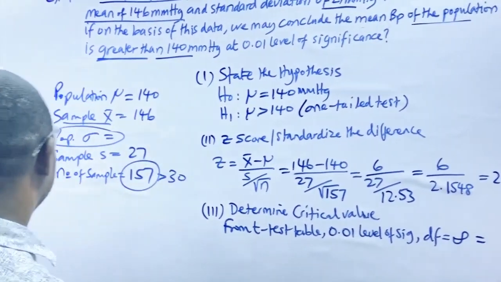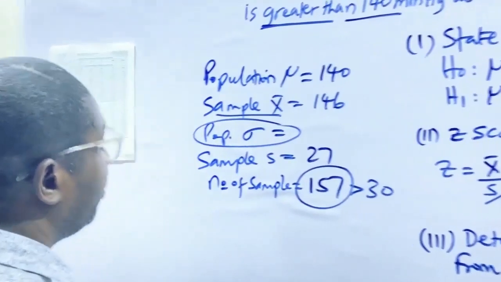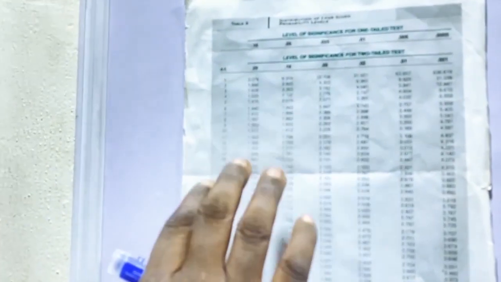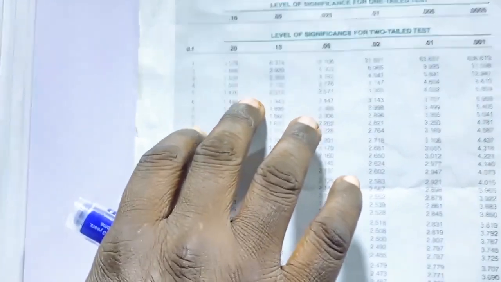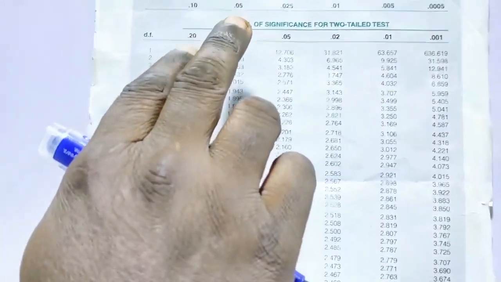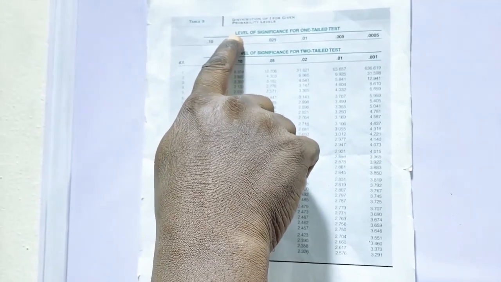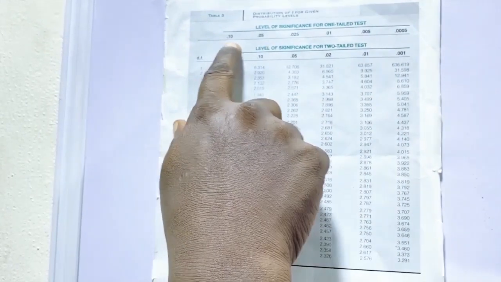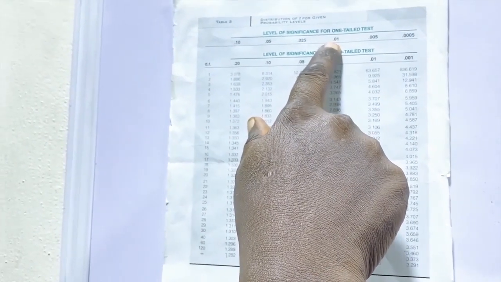Let's look at our t-test table here. Can you see my table? Move closely, please. Now, this is a one-tail test. Remember, it's a one-tail level of significance for a one-tail test. And we're looking at 0.01.